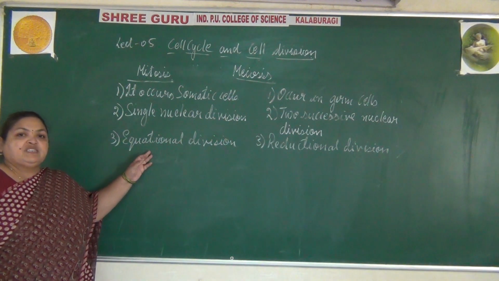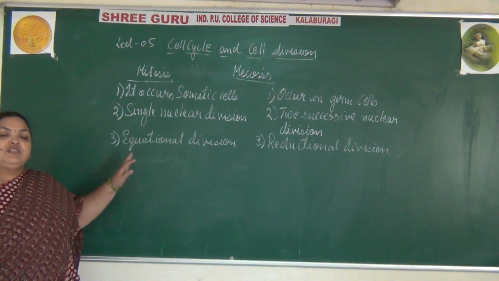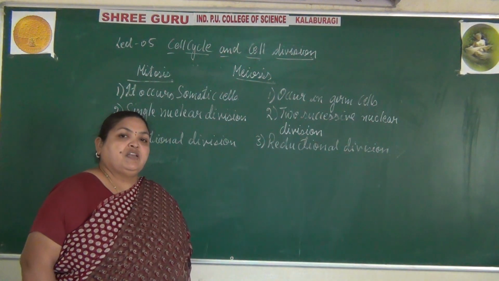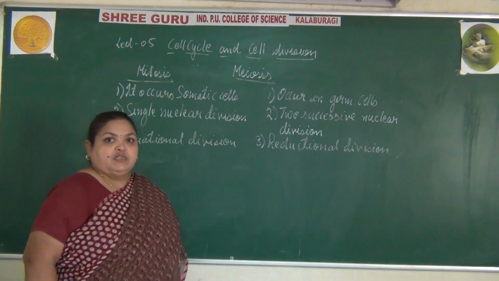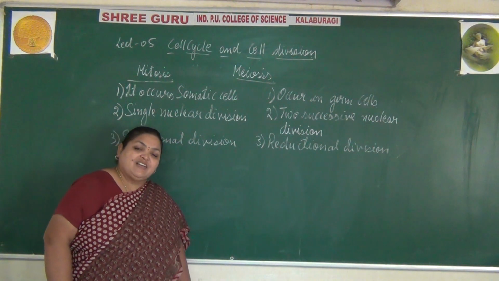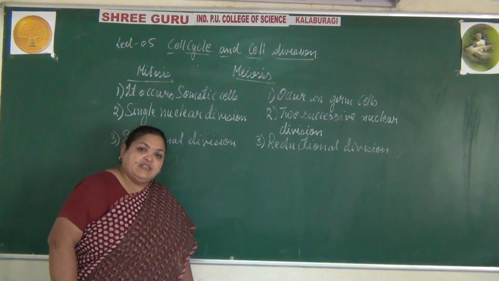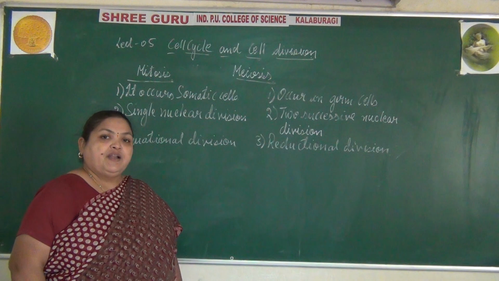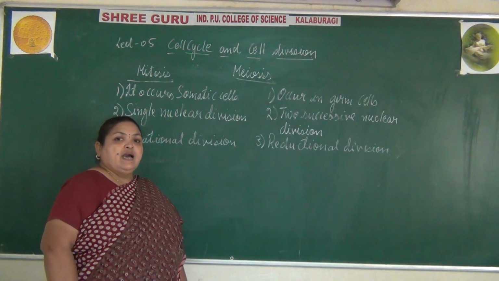So once again, what is equational? In the daughter cells that are formed, the chromosomes are equally distributed. While in meiosis, there is reduction in the number of chromosomes. They differ from that of the parent cell. Usually parent cells are diploid while the daughter cells are haploid.